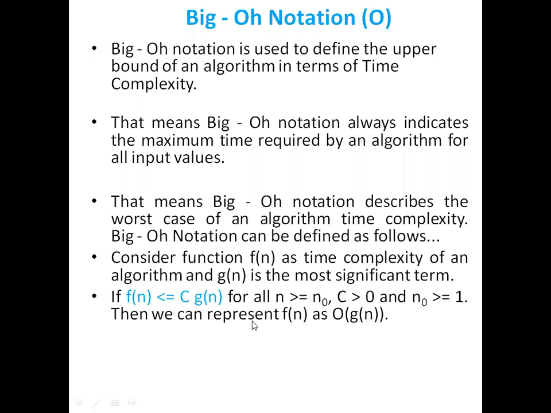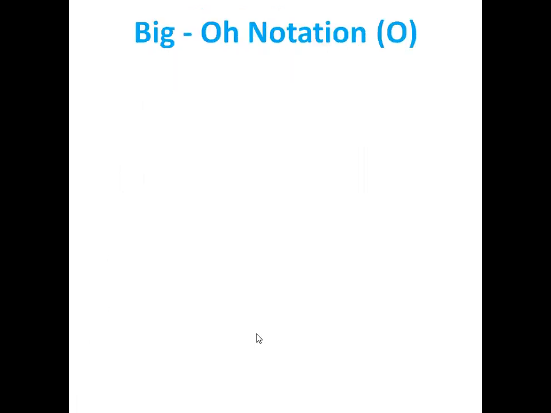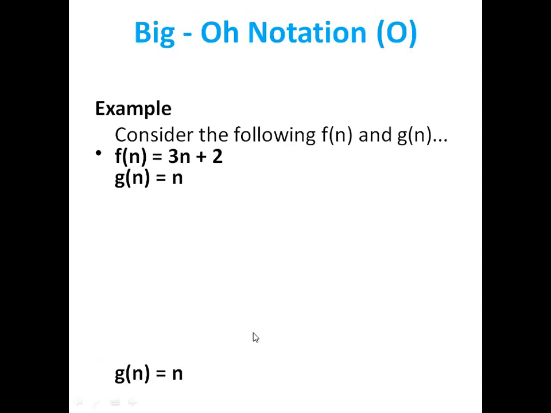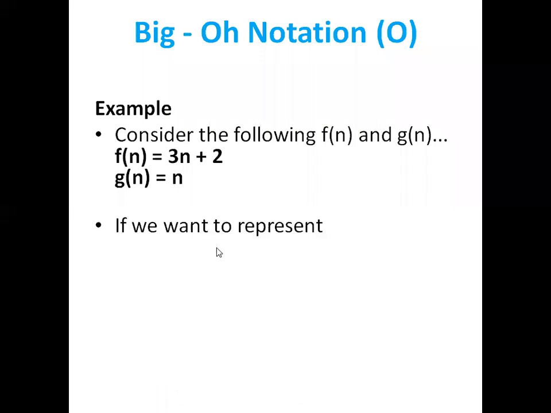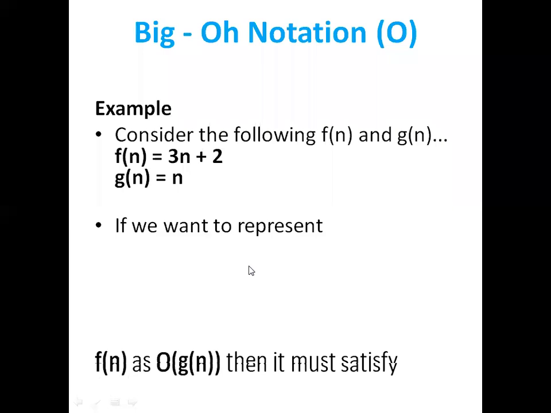So this term can be written in big OH form as f of n is equal to big OH of g of n. Okay, this is in example format.